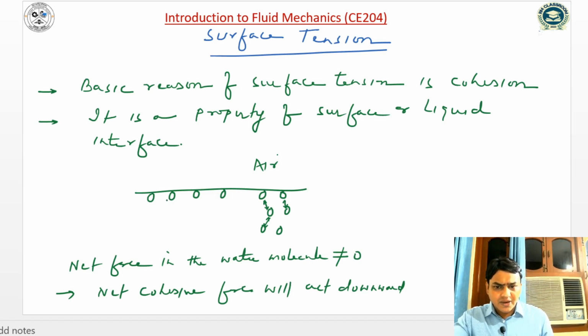what will happen is that these top water molecules will be in tension, because the entire mass of water molecules will try to move downward, so these molecules will be in tension, or a tensile force will act on these molecules.